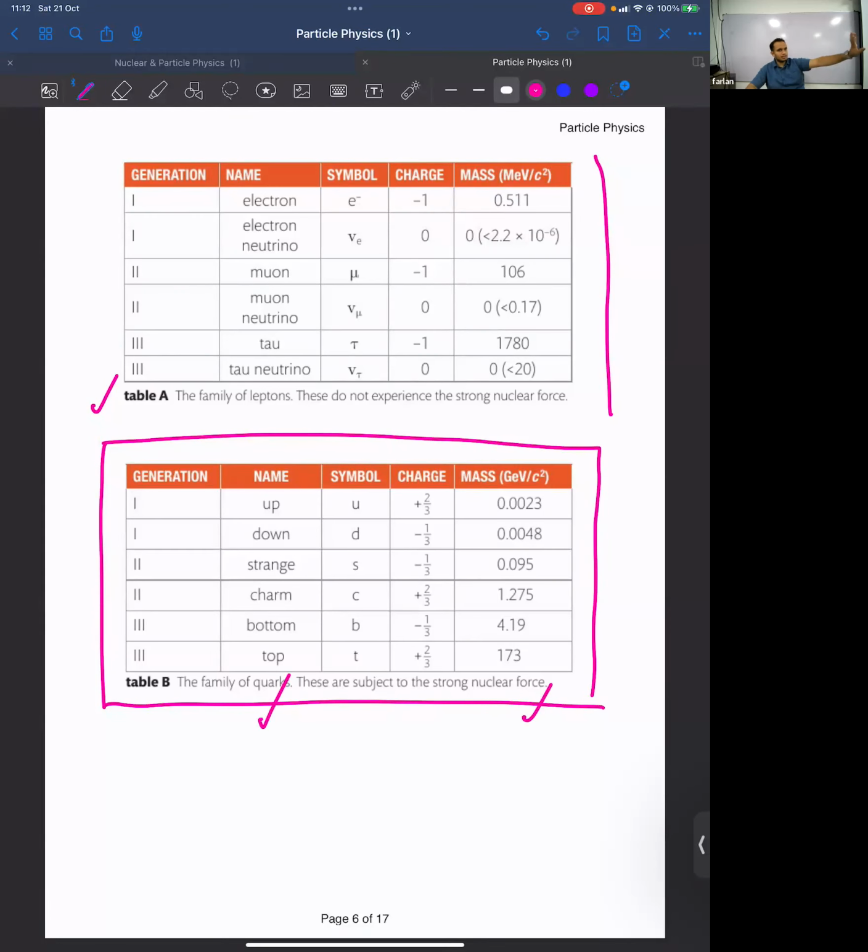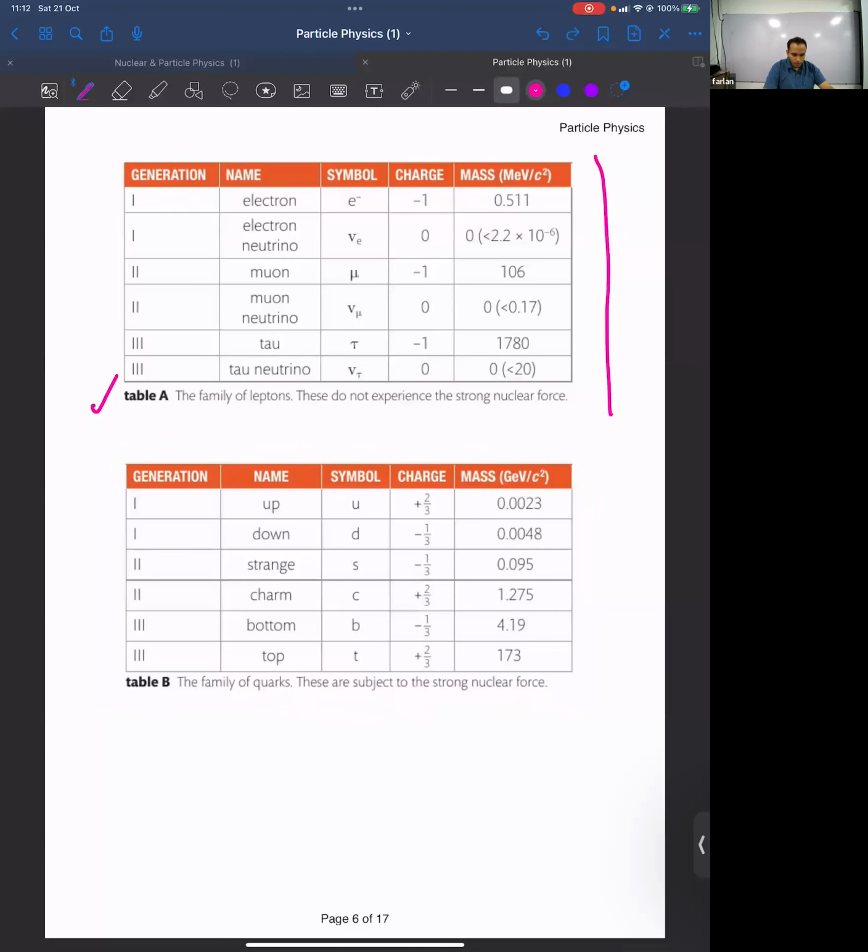The quarks experience a force called the strong nuclear force. That's what keeps the nucleons in a nucleus bound together. But the leptons do not experience this force. And the 6 types of quarks are up, down, strange, charm, bottom, top.